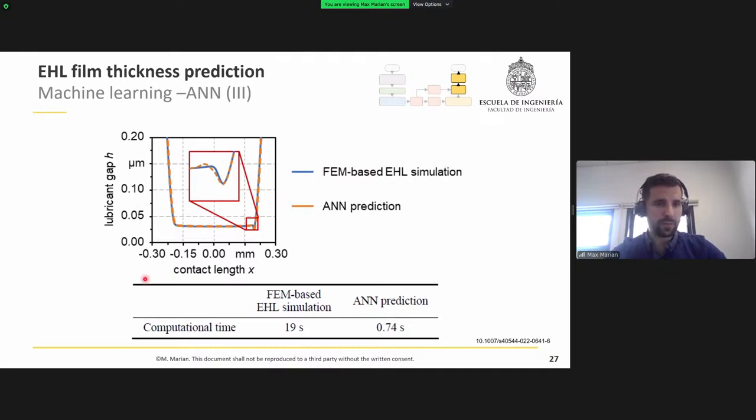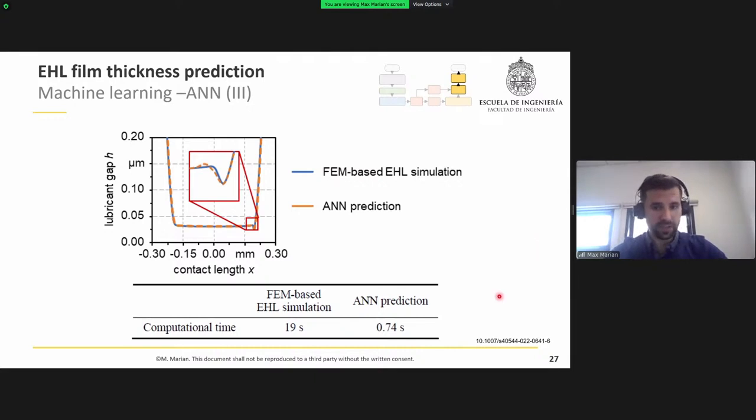We can also see from this graph the quite nice prediction accuracy of the FEM-based EHL simulation model and the ANN prediction, and only in the range of the contact outlet, we got some kind of small overshooting directly in front of the local constriction of the film gap.